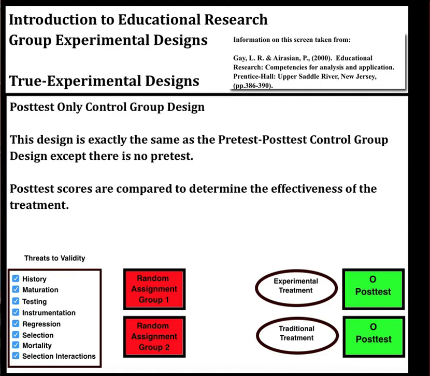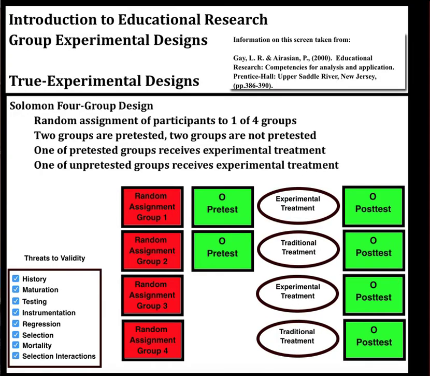Okay, now we'll take a look at the last of the three true experimental designs, the Solomon 4-group design. And you can see the graphic on your screen. In the Solomon 4-group design, we have random assignment of participants to one of 4 groups. 2 groups are pre-tested and 2 groups are not pre-tested.